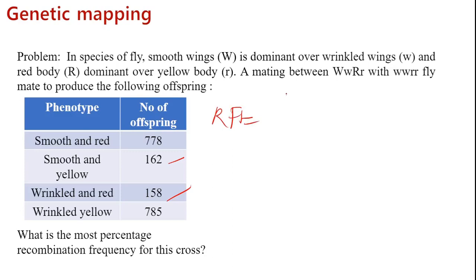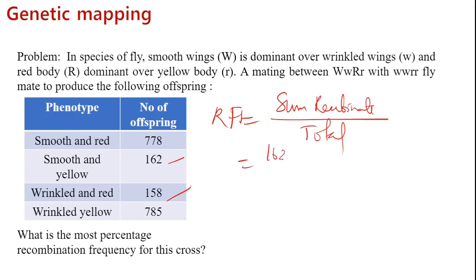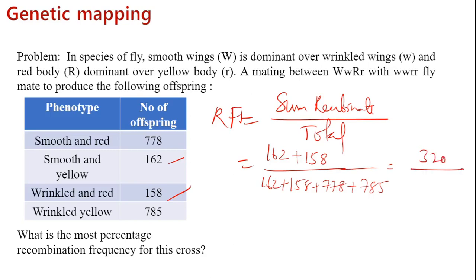So the formula: recombination frequency is equal to the sum of the recombinants divided by the total population. So the sum is 162 plus 158, which is 320, divided by the total: 162 plus 158 plus 778 plus 785.